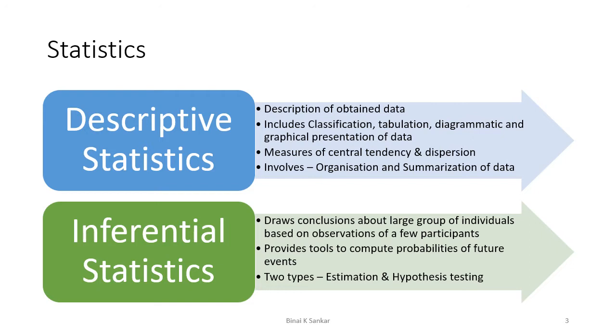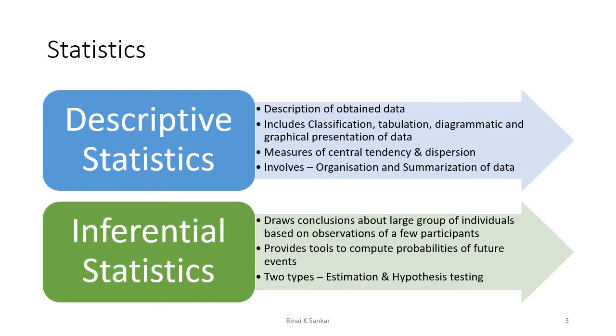There are two different types of statistics. You can classify them into descriptive statistics and inferential statistics. Descriptive statistics basically refers to describing data, for example presenting them as classifications, tables, or making diagrammatic representations like bar diagrams, histograms, pie charts, etc. And even measures of central tendency and measures of dispersion, which I believe you know.